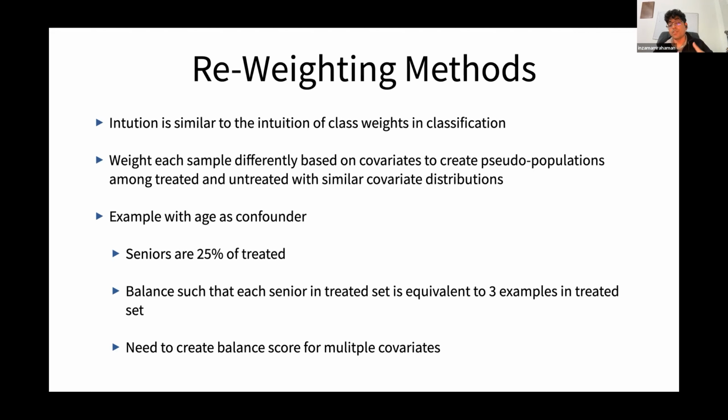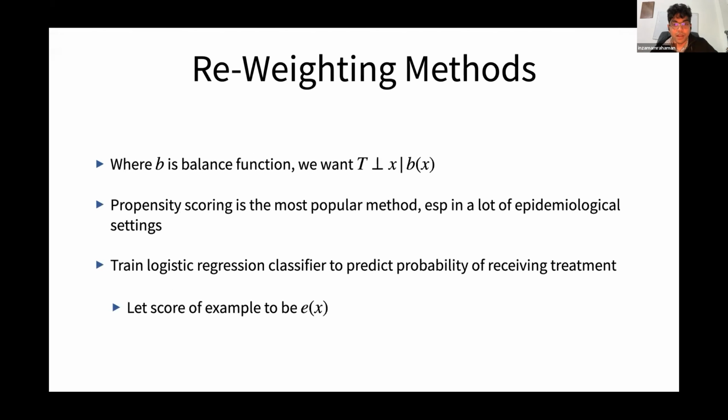And we need to create some sort of balance score that acts as the weight on that sample. I want this balance score function to be such that the treatment is conditionally independent of the covariates given that balance score. The propensity score is a pretty popular method, especially in a lot of epidemiological studies. You find it a lot there.